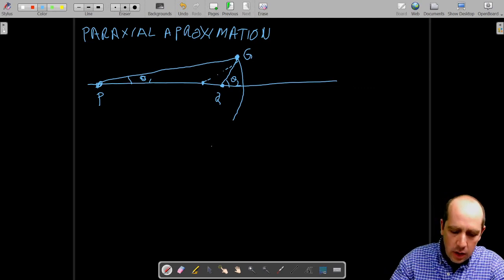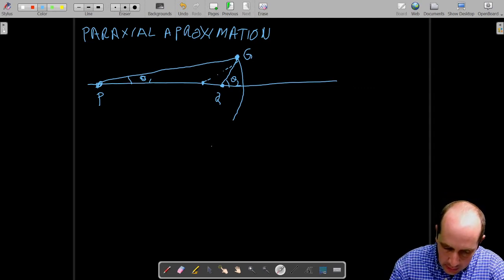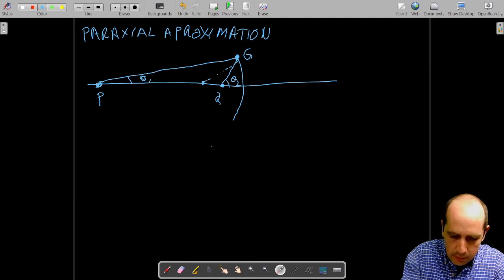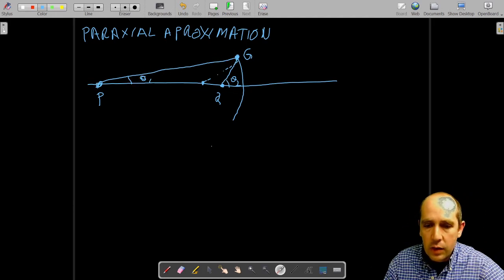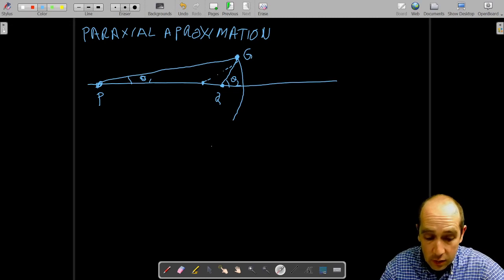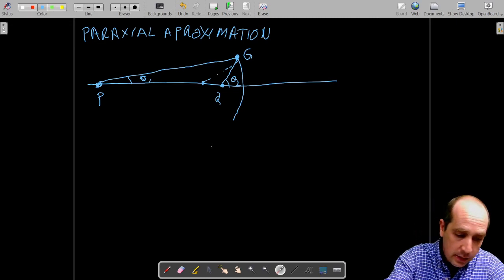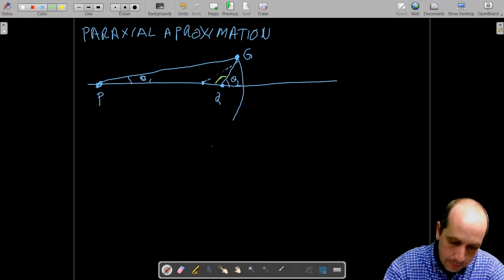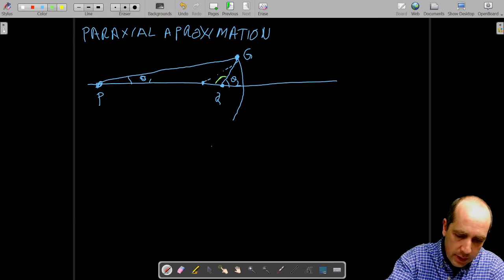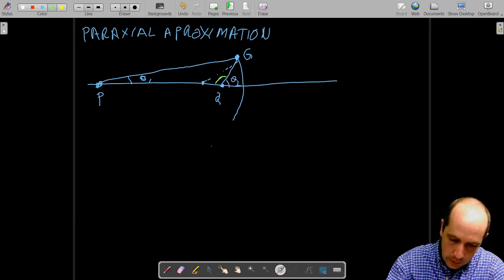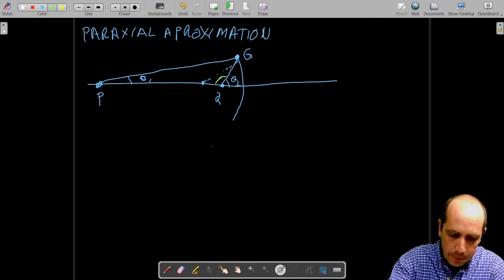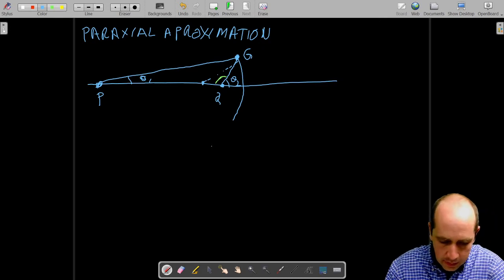Okay, so now if you look carefully, we have this triangle over here, the one that goes from P to Q to G and back to P. In that case, if we use the law of sines again from trigonometry, we can relate this angle over here with this side right here. So these two will have a relationship as follows.